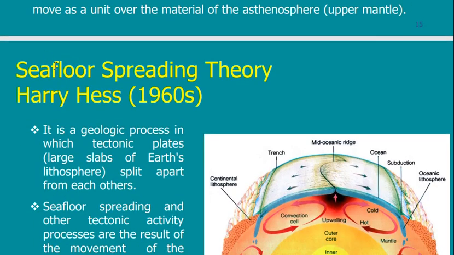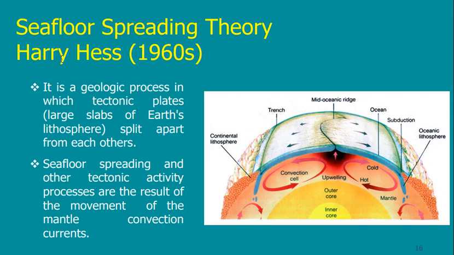There is a theory called the seafloor spreading theory. It was presented by Harry Hess. He presented something that added to the theory of Wagner. So now, with both together, we can understand how to study plate tectonics very well.